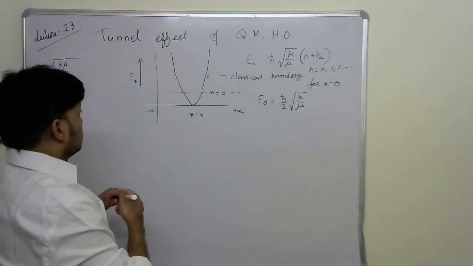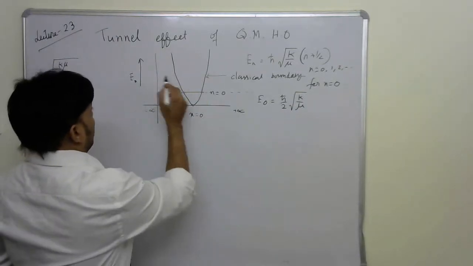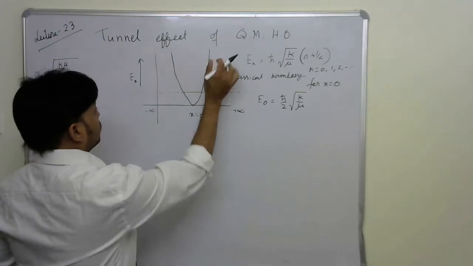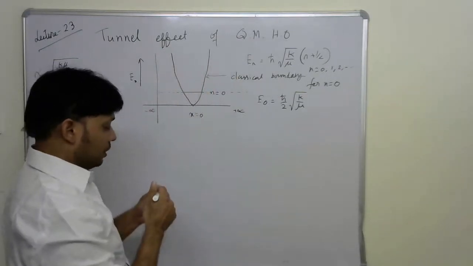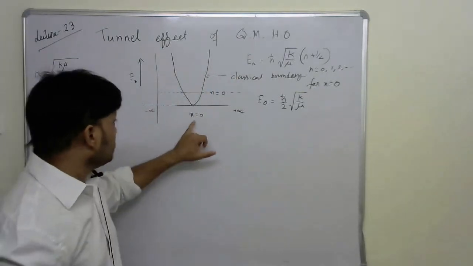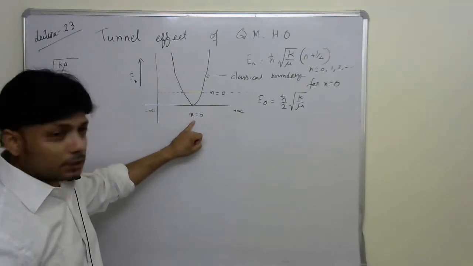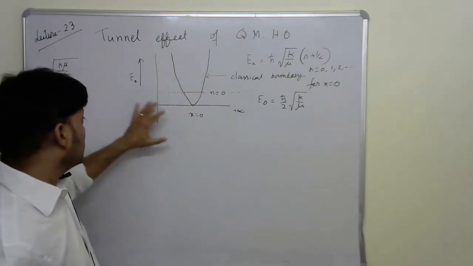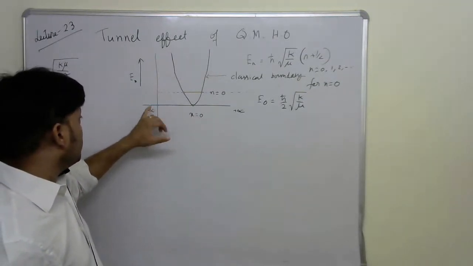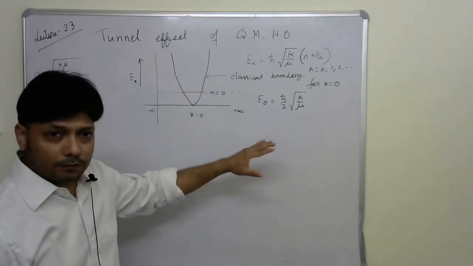So now for n equal to 1, 2, 3, we have these discrete energy levels. And remember, the value of x, that means the displacement in quantum mechanics, is considered to be from minus infinity to plus infinity.